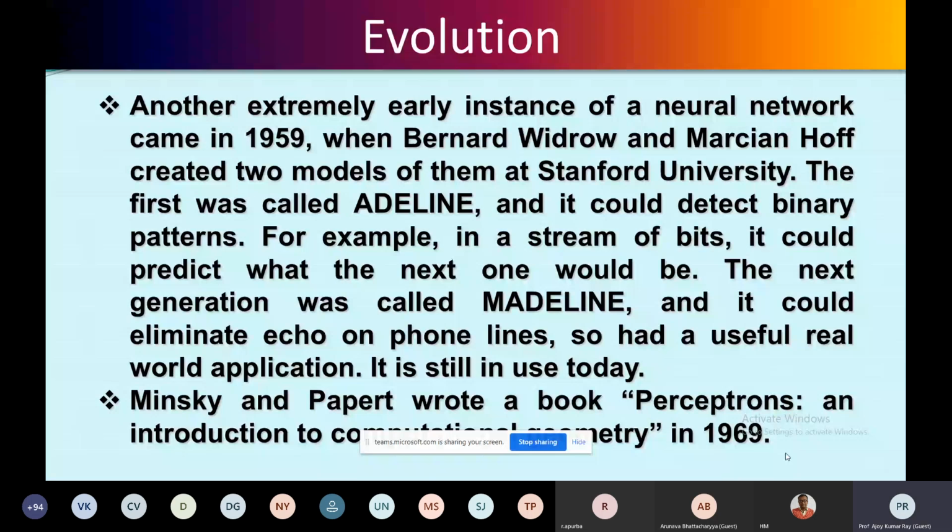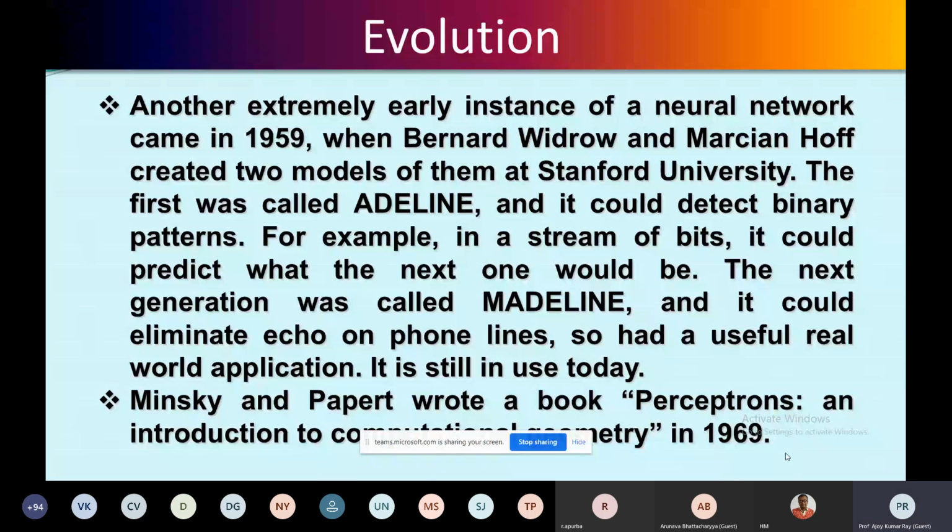So Minsky and Papert. This gentleman, Minsky, was actually Rosenblatt's friend, it appears. And he was not very happy with Rosenblatt's perceptron. Rosenblatt, what did he do? He said that, okay, here is a machine which can classify patterns, which can perceive.